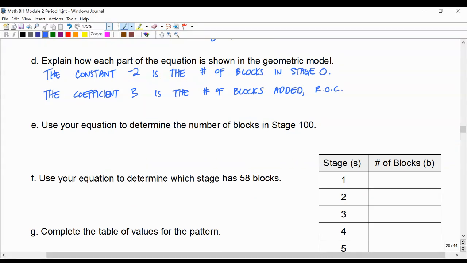Again, if you feel like you got this, maybe skip ahead, do these, pause the video, and then check them with the video. E, use your equation to determine the number of blocks in stage 100. So our equation was 3 times the stage number minus 2, which means that we have 298 blocks.